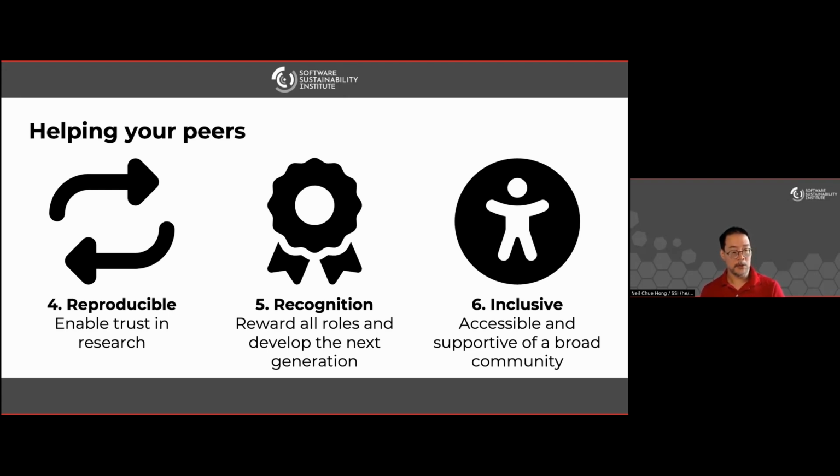That's because doing so helps enable trust in research, and it helps both researchers to feel that it's a benefit to having a research software engineer in a team or a consortia, but also the general public, to make sure that research is not seen as being somehow flawed or untrustworthy just because there may have been a mistake in the software.